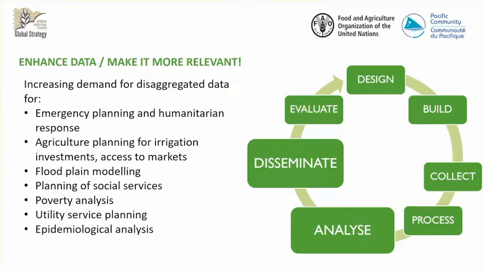And the better way to show the decision makers where we have to invest is not a table, it's a map, okay? So we can use it for planning, modeling, planning social services, for education.